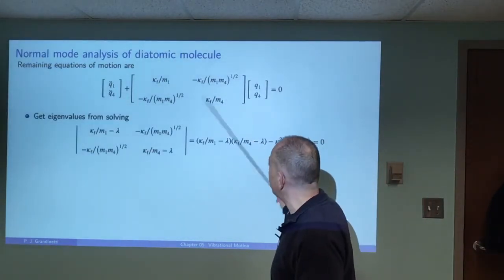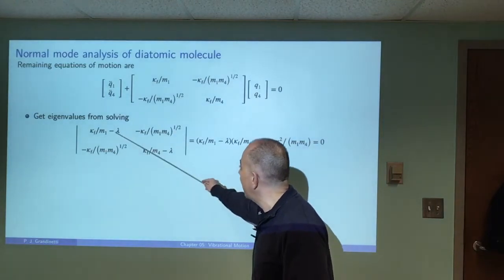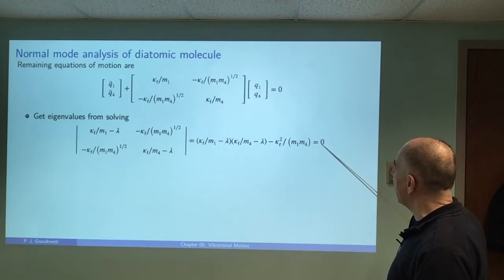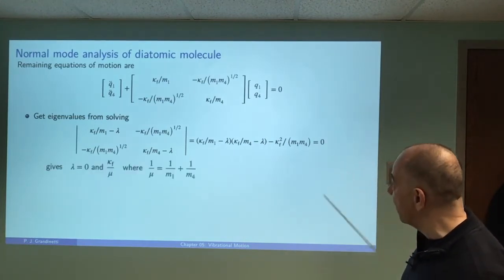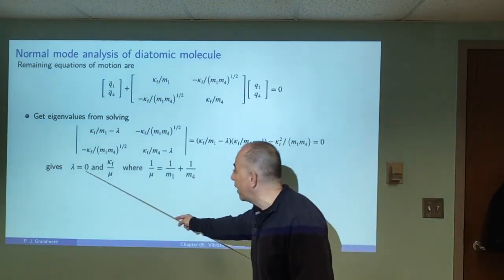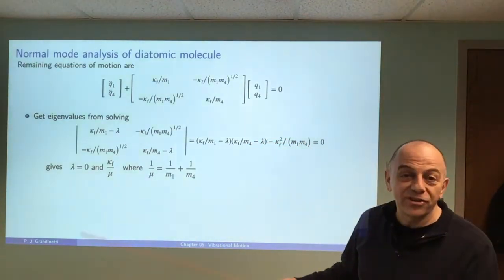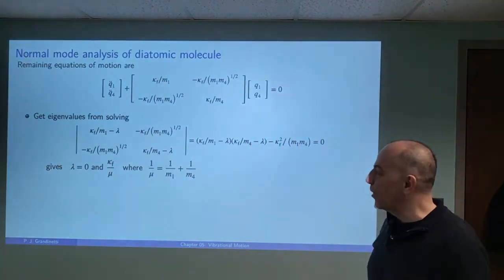So I take this matrix, my script V matrix, I subtract lambda from the diagonals, I calculate the determinant, I get my polynomial here, which I can find the roots, and I find roots of lambda equals 0 and kappa F over mu. So there's the other missing 0 eigenvalue.